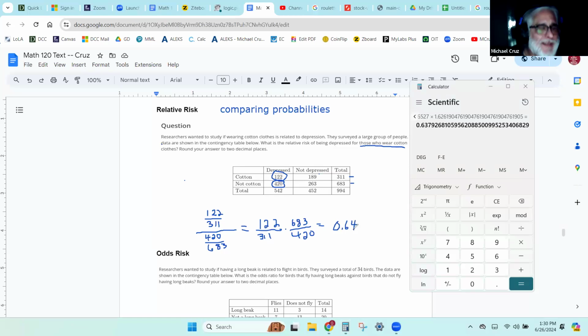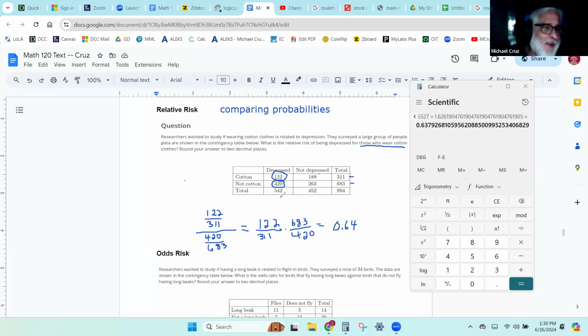So you're just basically dividing twice. You're making your probability for cotton versus not in cotton, because you want to find out if cotton makes a difference. And as I understand it, if that number is 1, there's no effect. If it's lower than 1, that means it's even worse than no effect.